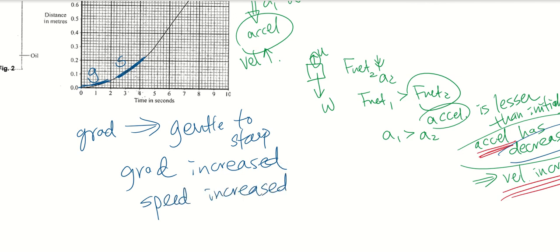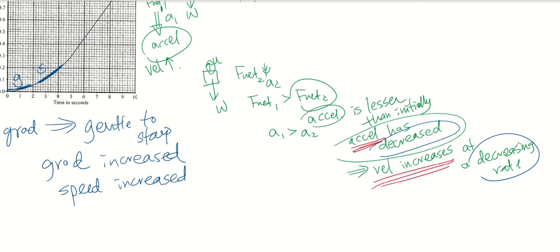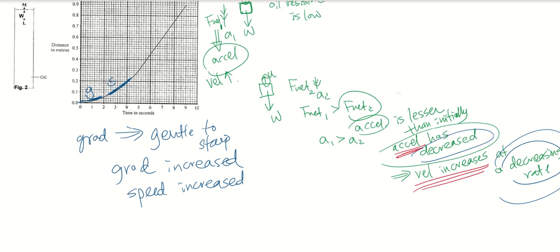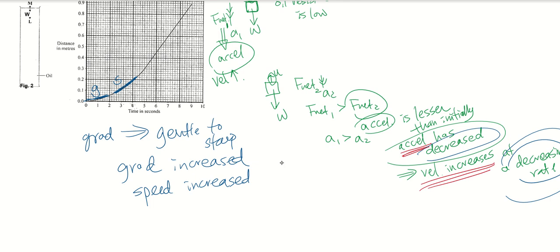Okay, however, we are not able to see whether it is increasing at a decreasing rate or constant rate, because this is not a VT graph. But from here I know that the speed has increased.